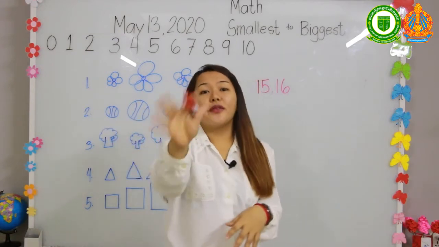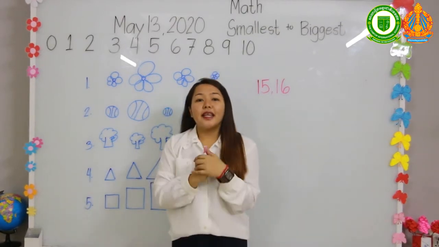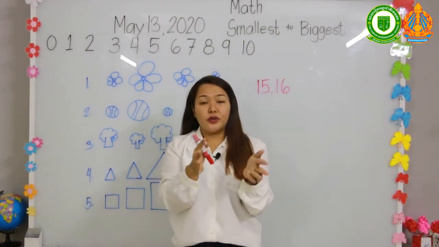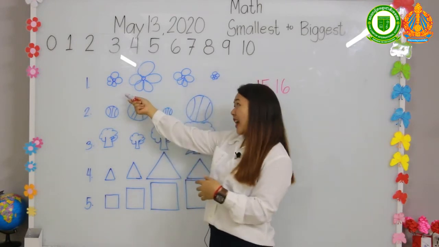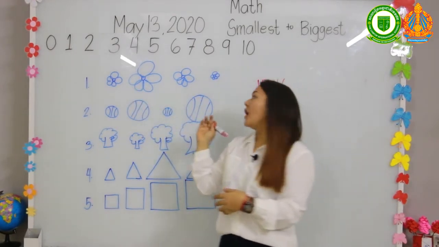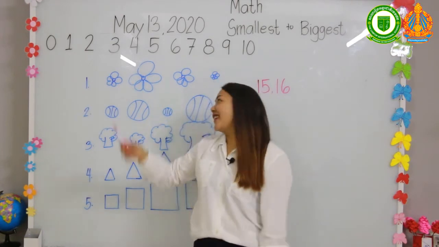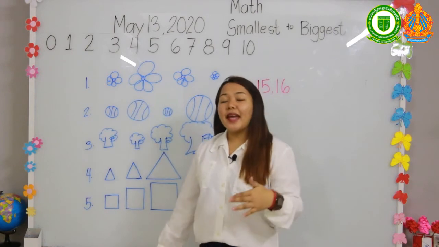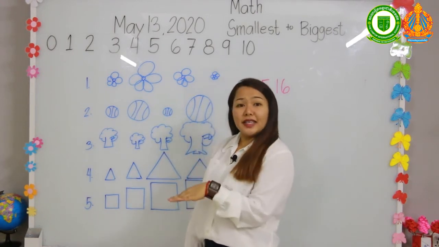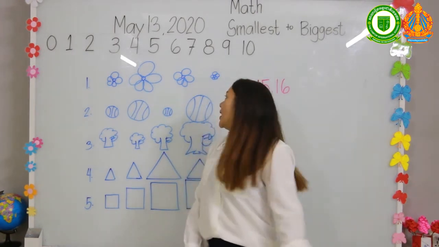And if there's only 3 pictures, then you just need to write 1, 2, or 3. Right? So let's have number 1. I have here a picture of a flower, in different sizes. So help me out which one is the smallest and which one is the biggest.